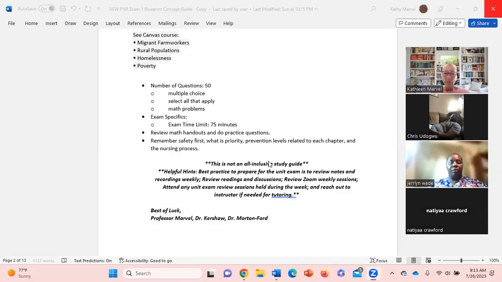Okay, so we know this is not an all-inclusive study blueprint concept guide. What I can tell you is I put this together based on your 3 weeks of blueprint concept notes, lectures, and readings.